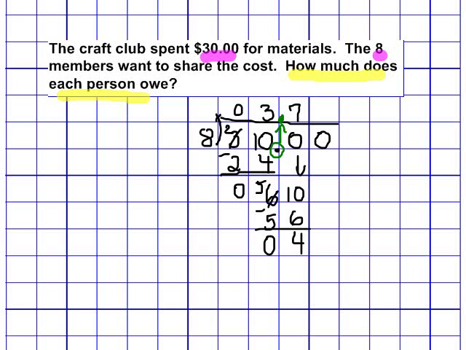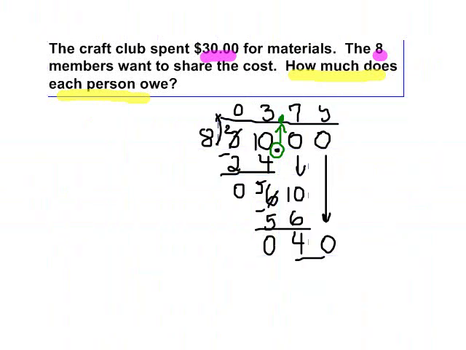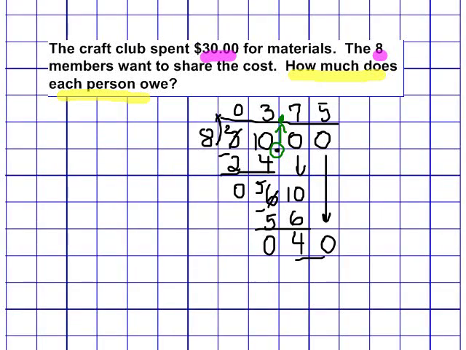I still have one more place value, so I do need to bring this down. Okay? And 8 goes into 40 now 5 times. So 5 times 8 is 40. When I subtract that, then I have 0 remainders. So let's answer the question. How much does each person owe?